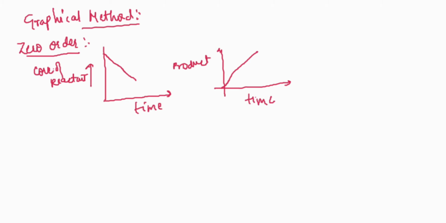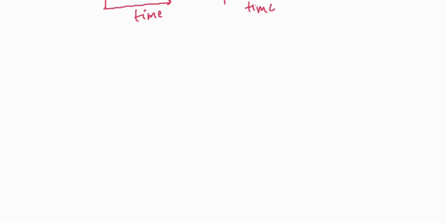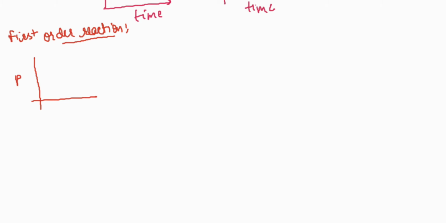Now if we draw a curve for a first order reaction, how does the curve of first order occur? If we talk about reactant concentration versus time, the concentration gradually decreases exponentially.